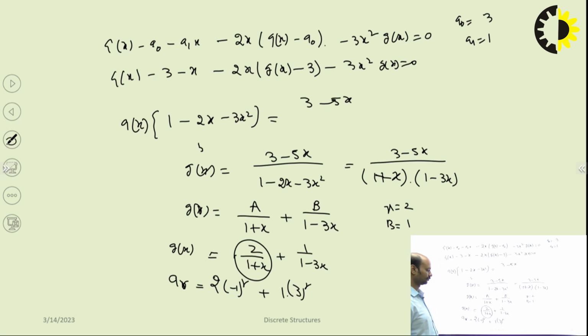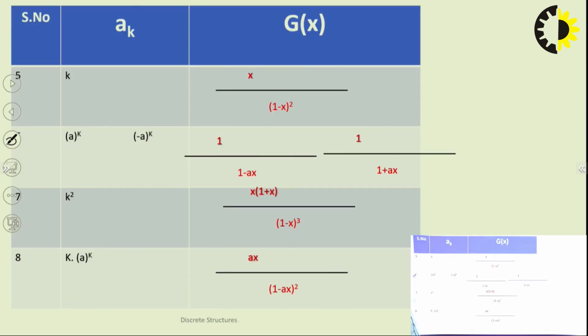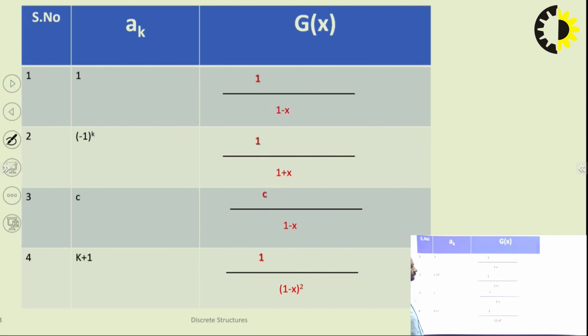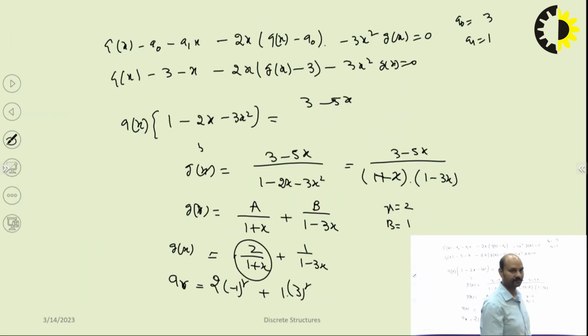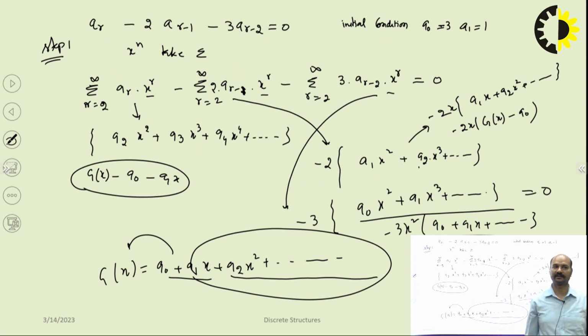Using the closed formula, we can say that a to the power k is equal to 1 upon 1 minus a x, and we use one more formula for minus 1, which is equal to 1 plus x. So this is the method to solve this particular recurrence relation.